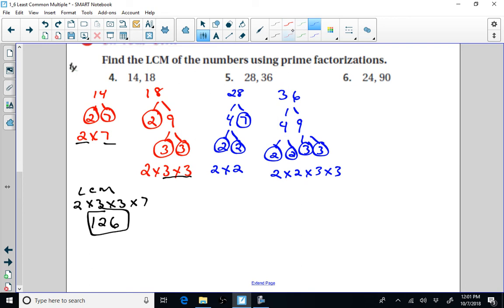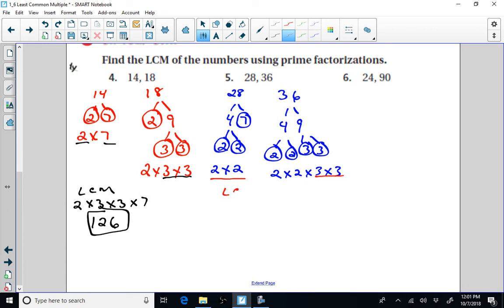And once again, to find the least common multiple, we identify each factor the greatest number of times it appears. Well, I see 2 factors of 2 here and 2 factors of 2 here. So it doesn't matter which pair we use. We choose one of those, because it appears the same number of times. I have 2 factors of 3 here.